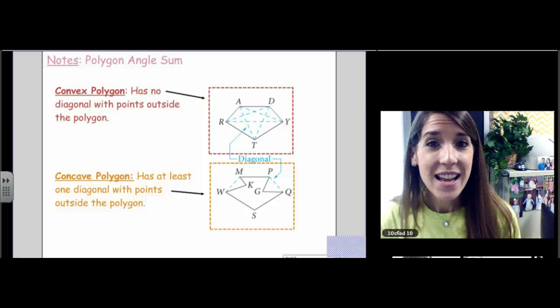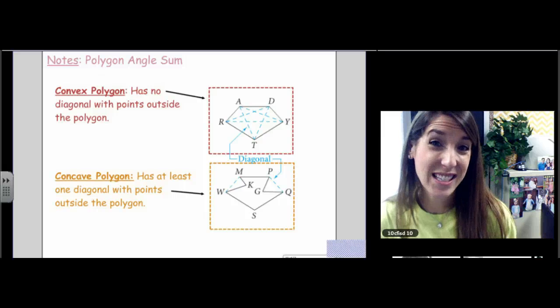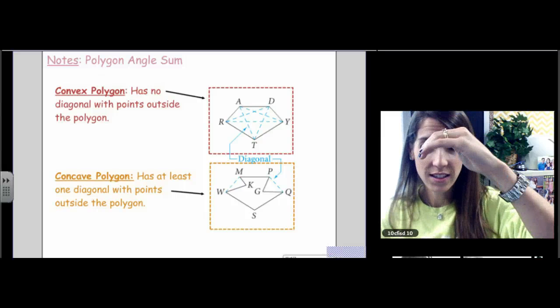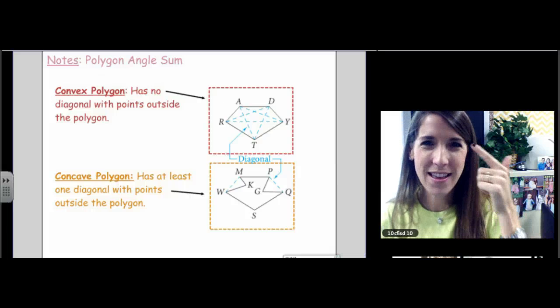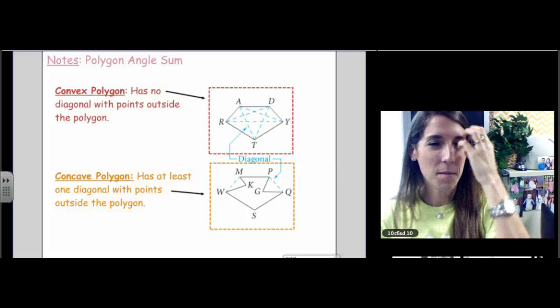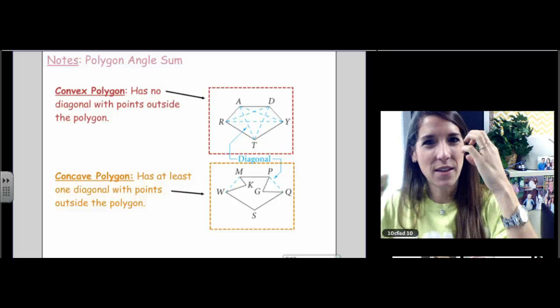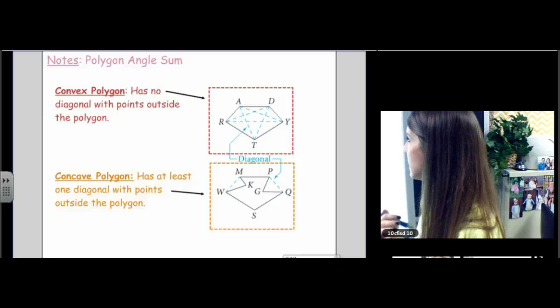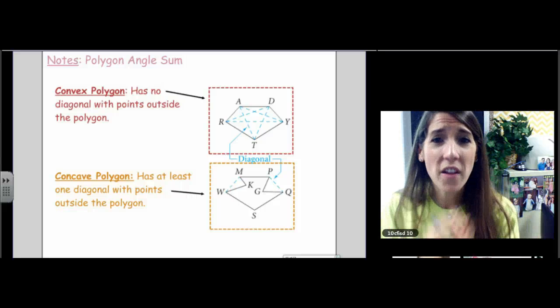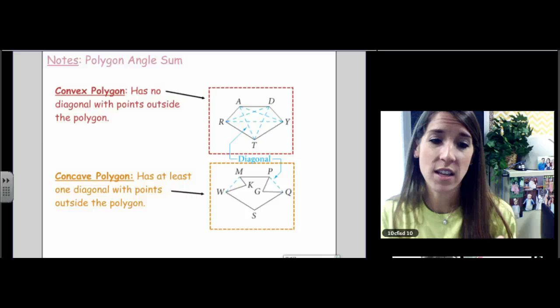There's convex and there's concave. You might have heard this in science. I always think of my contacts when I think of convex and concave. When you put them on your eye, they're convex, but sometimes they flip and become concave. Anyways, convex means pretty much every polygon that you picture is usually convex.